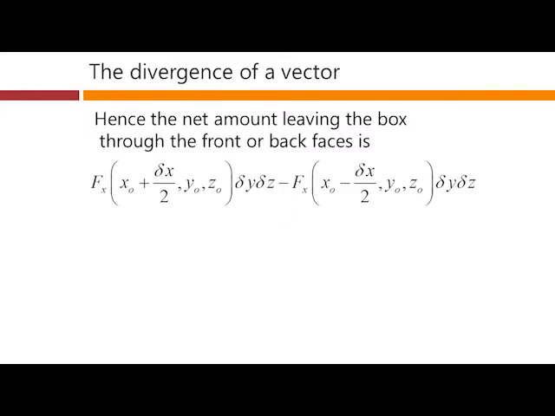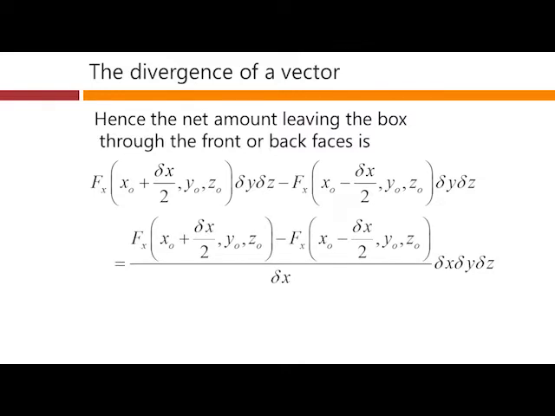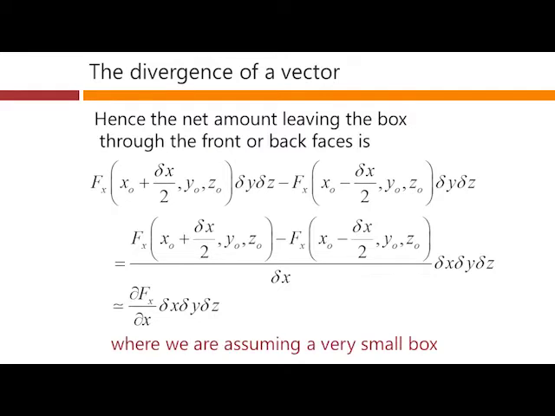That's why the minus sign is here, because this is coming in the back. We can also write that by dividing by delta x and putting another delta x on the top. In the limit where we make delta x very small, we assume a small box, this is just the partial derivative, df sub x by dx.